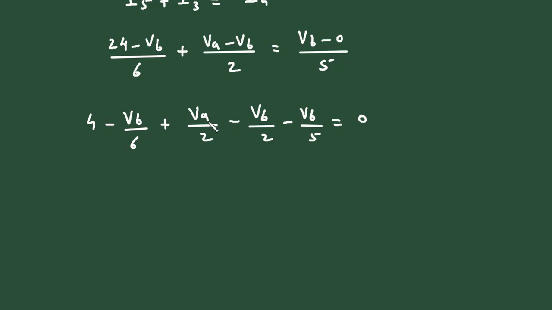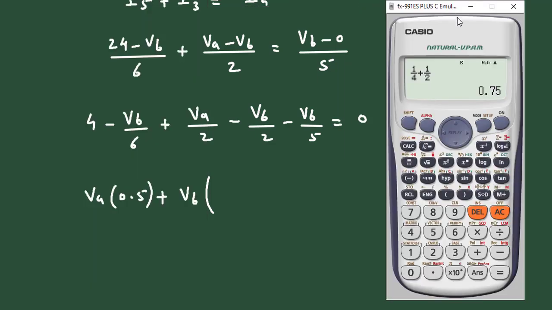Now if we take VA common, it will be VA in bracket 0.5, then if we take VB common, this will be minus 1 by 6 minus 1 by 2 minus 1 by 5.